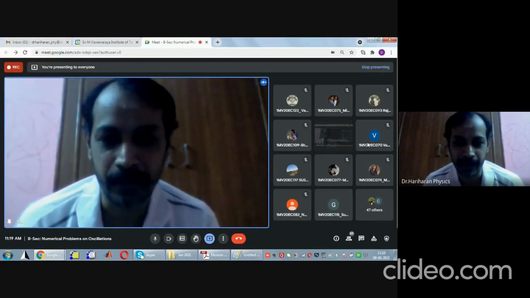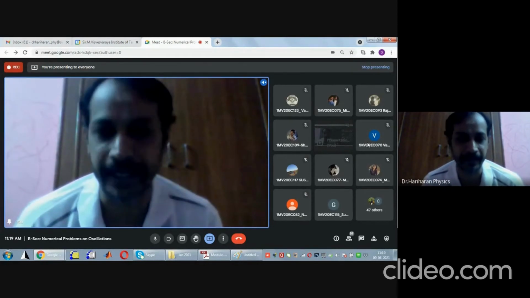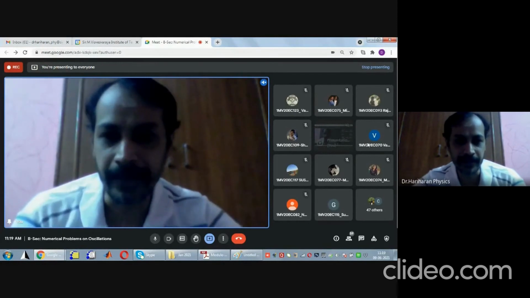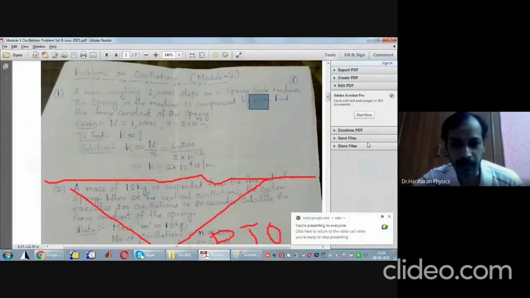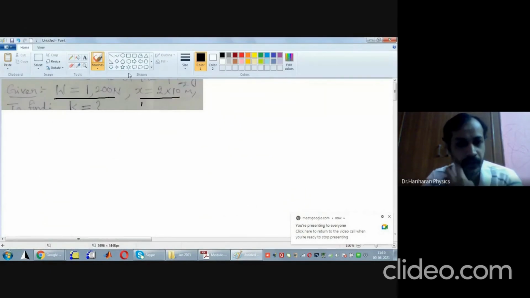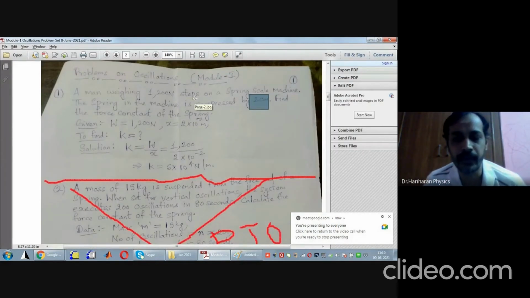I think people are able to grasp the point I'm trying to highlight. What this means is, when you list out all the data in this step, always convert everything to SI units. Understood? Convert all your data into SI units.